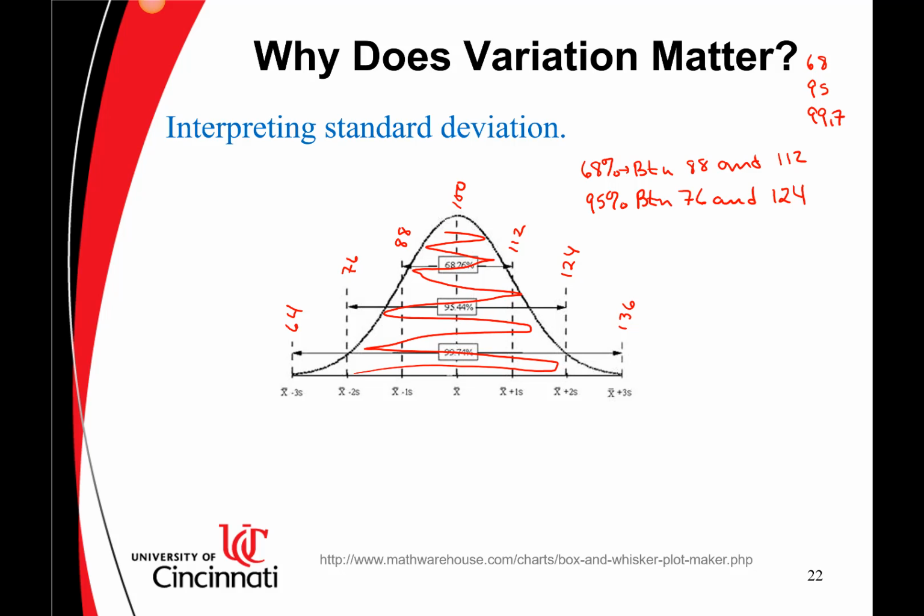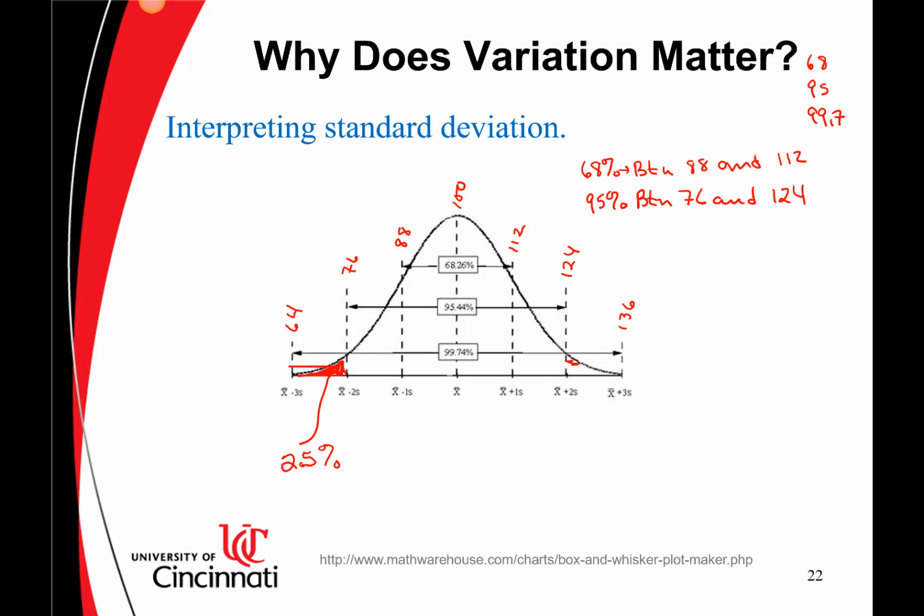Now, if you've accounted for 95% of the people, what percent is still out there? 5%. Because this bell curve is symmetric, that means half on each side. If you've got 5% to account for, half of it's going to go over here, past the 2 standard deviations. That's 2.5%.